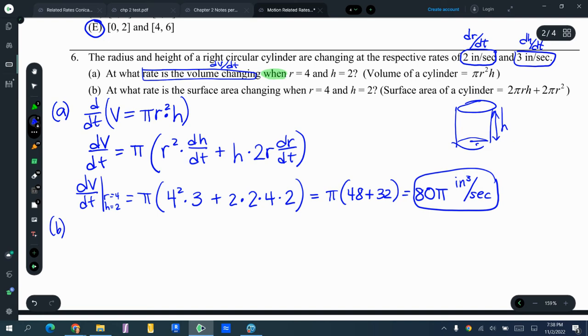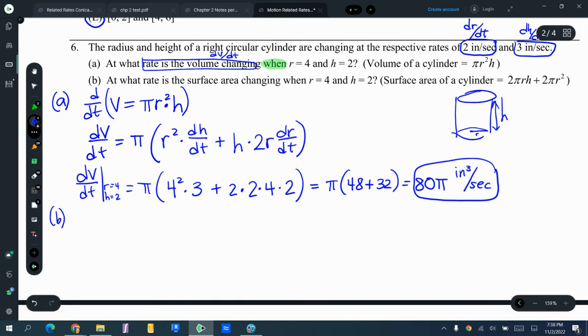For part B, same kind of a problem, except now we just have the formula for area of a cylinder, the surface area. I've seen books and other people use SA for surface area. I think it just adds an element of confusion, so I'm just going to say A equals 2 pi r h plus 2 pi r squared. Okay, derivative of that with respect to time is going to be dA dt equals, now we got to do a product rule in here.